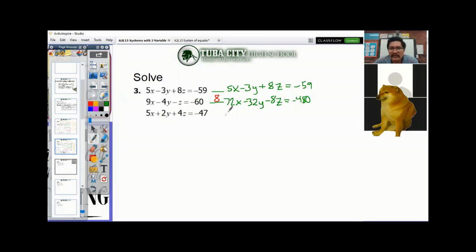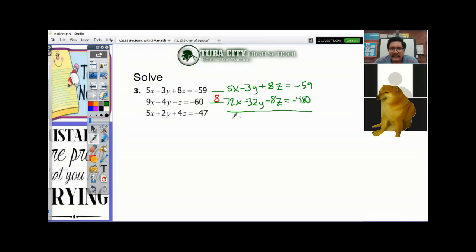So let's go ahead and find out what our equation A will be. So 77x minus 35y equals, now they're both negative, so 59 plus 48. 539.